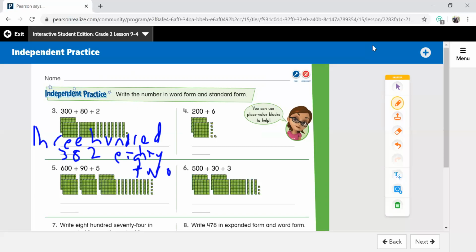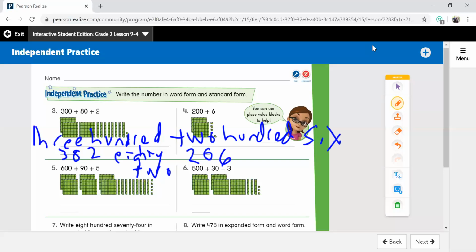Okay, let's look at the next one. 200 plus 6. When there are no tens and you're dealing with hundreds, you put a 0 in the middle. So it's 206. Now, I'm going to show you how to do the independent practice. You're going to do number 5 and 6.